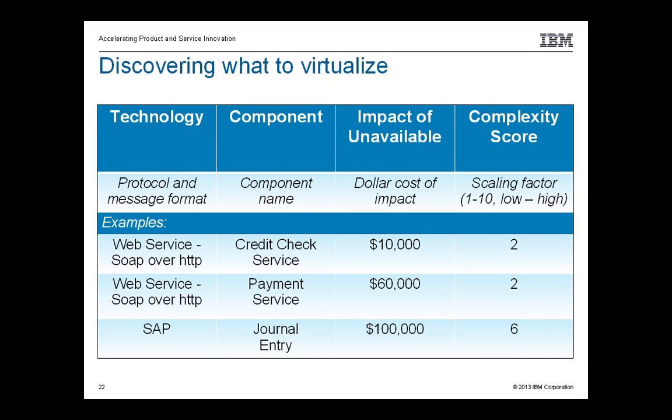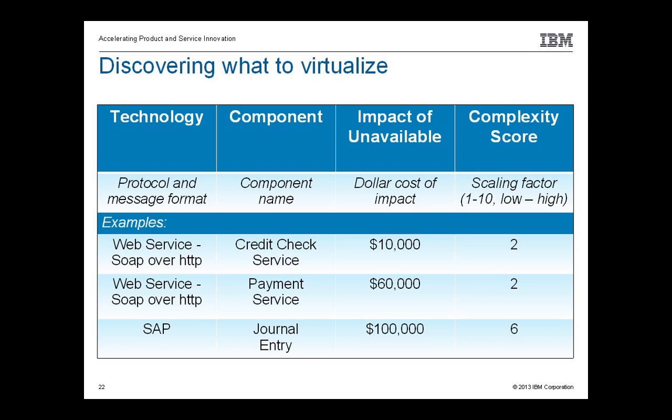The credit check service is costing me $10,000 due to its unavailability. So I'm going to implement a virtual component to simulate the payment service up front. Again, it's a relatively low complexity score, but the financial benefit to me, or the time savings benefit to me, is much higher than the other one.